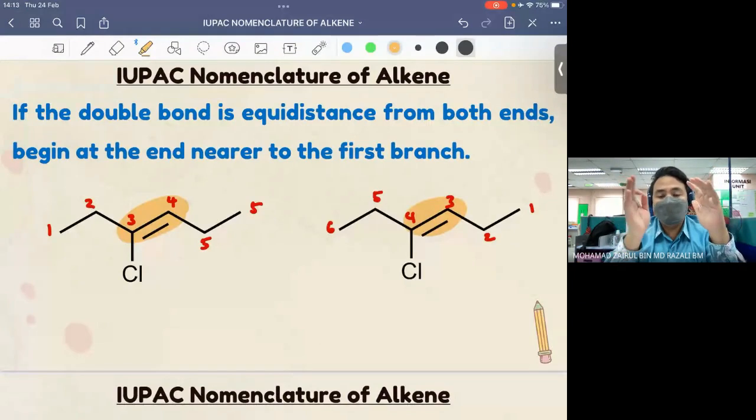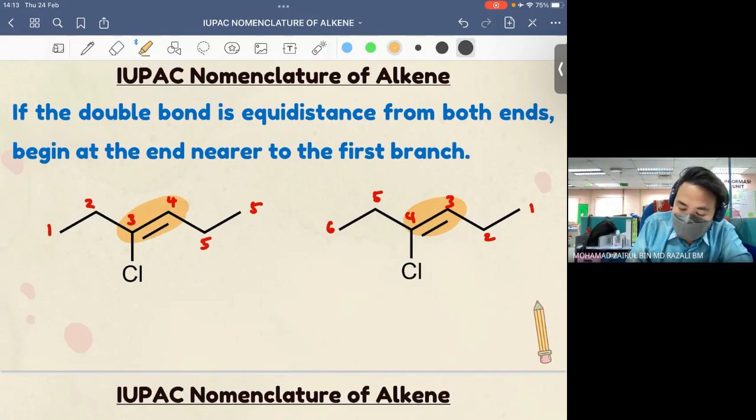We choose the first branch that has the lowest possible number. So if you number from the right, the first branch, which is Cl, is located at carbon number 4.